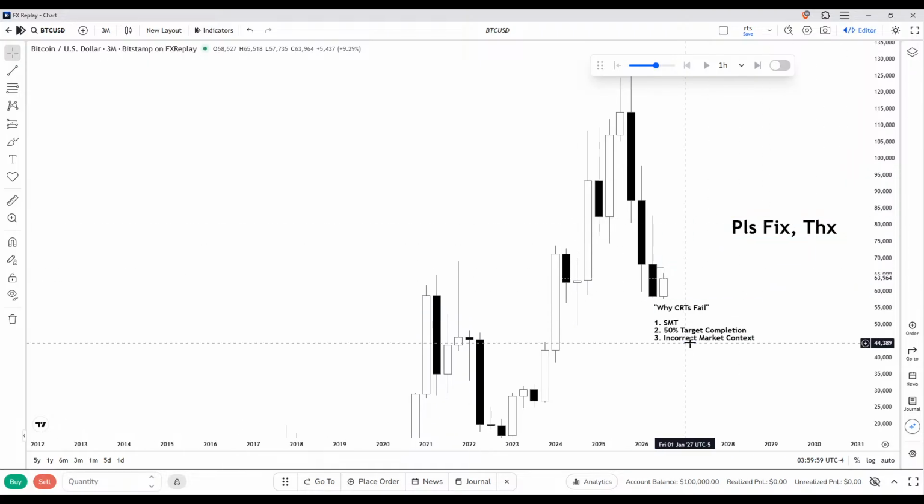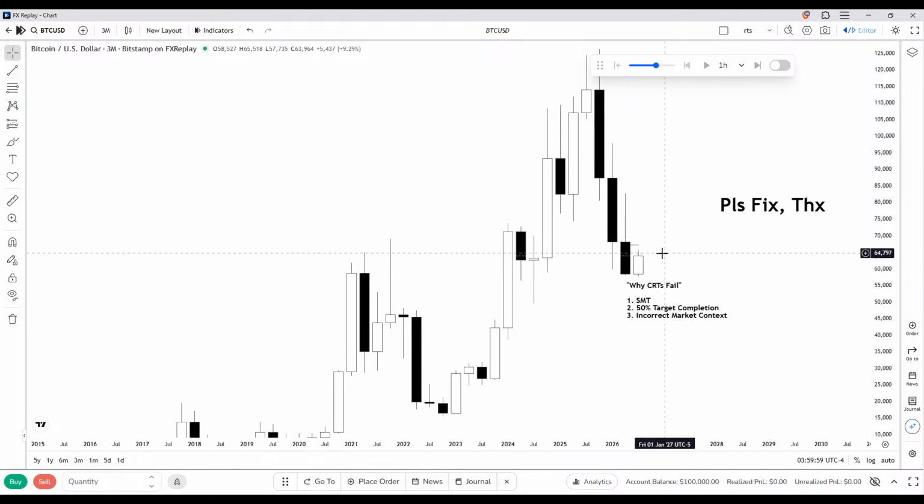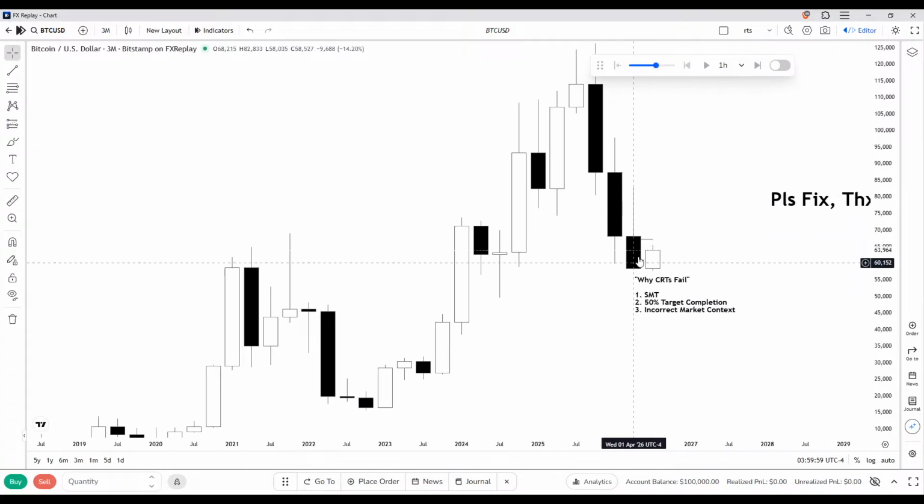So here's the quarterly chart, and you can see how Q2 of 2026 finished. It was a close below the previous low, which is bearish. But when Q3 opens, you're expecting some retracement. We've already hit the 50% of the candle body there. We haven't really hit that quarterly close or the open of Q2 yet, nor have we hit the 50% of the quarter.